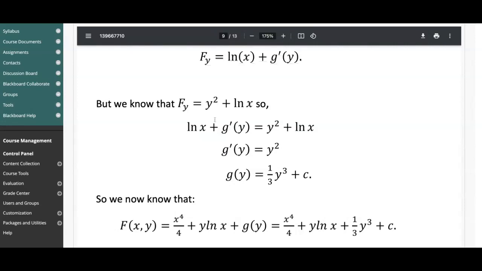ln x on the left-hand side and ln x on the right-hand side cancel out. So g prime of y equals y squared. Integrate this, we get 1/3 of y cubed plus a constant.